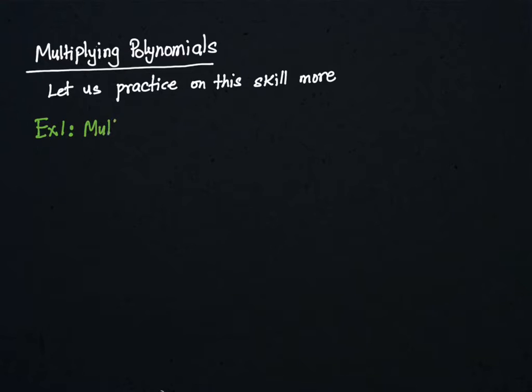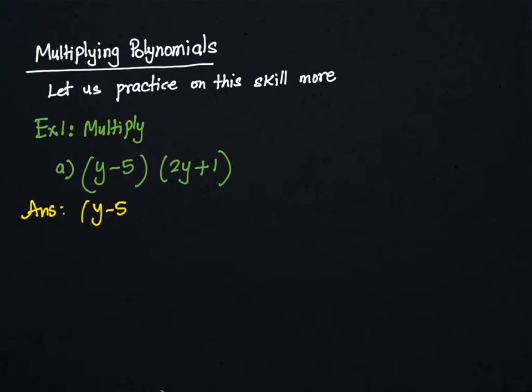Okay, so first example here is multiply y minus 5 times 2y plus 1. So use the distributive property.